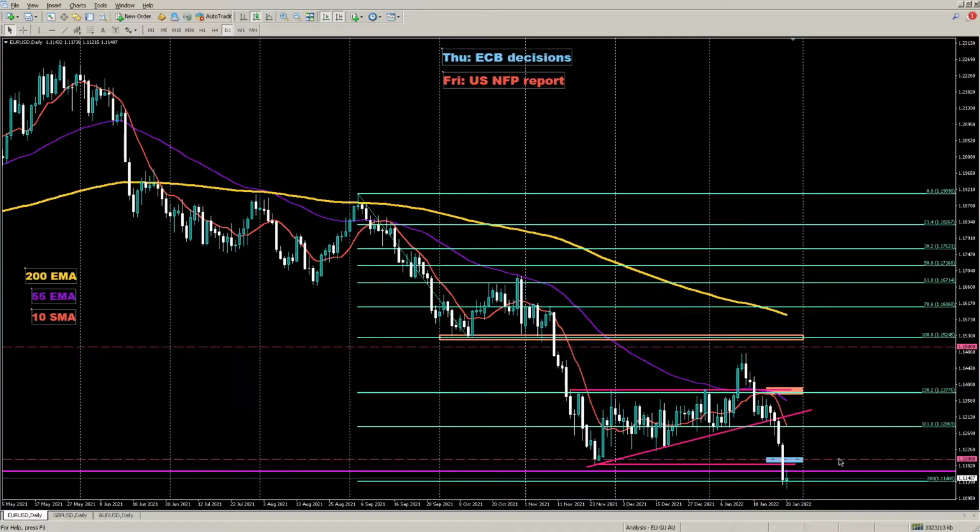And that has also fallen below the support that we identified last week at 112.00 near these swing lows.